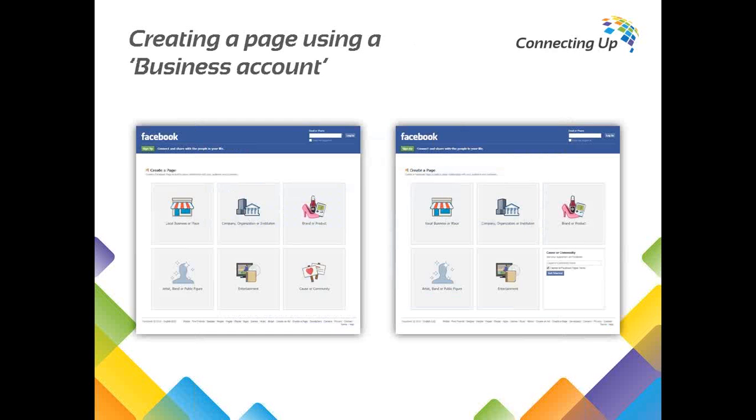For a not-for-profit, cause or community is the best option. So you simply click that and add the name of the page that you want. If you see the top right-hand corner, we're not actually logged in yet. So we're doing this without creating an account or being logged into Facebook at all just yet.